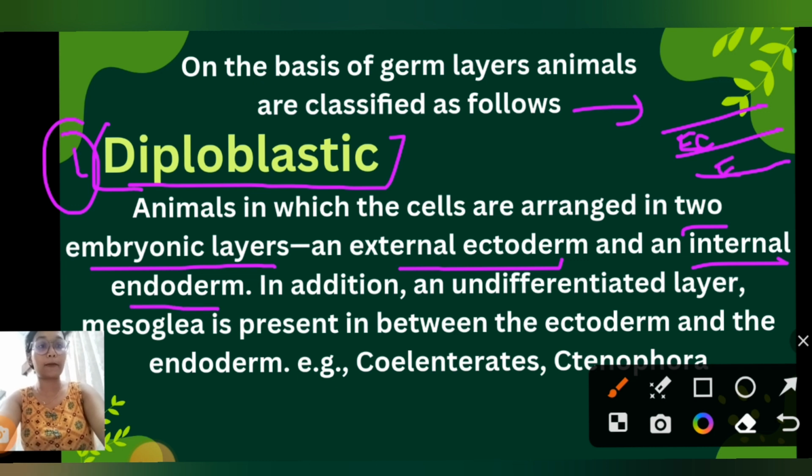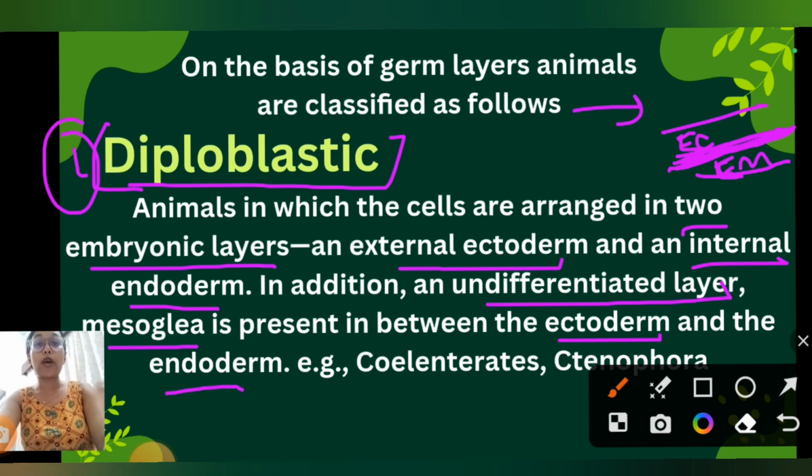Endoderm, I am writing. It will have 2 germ layers, the outer ectoderm and the inner endoderm. In addition, there is one more undifferentiated layer in the middle, which is not considered a germ layer. Since it is undifferentiated, it is known as mesoglea, and is present between the ectoderm and the endoderm.